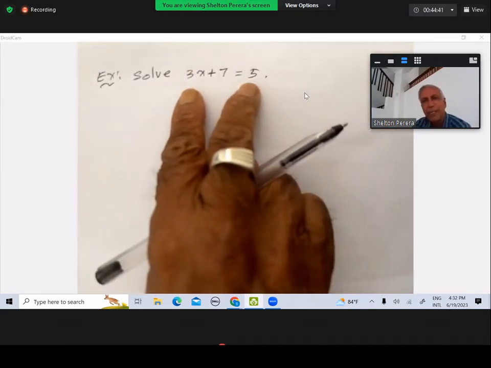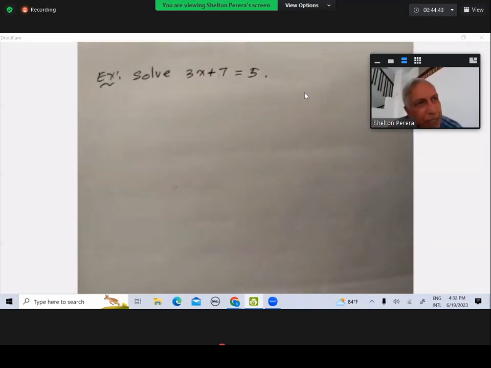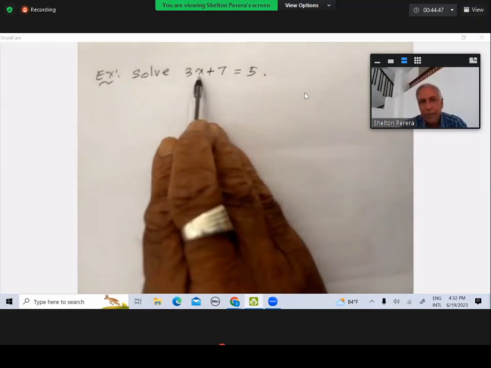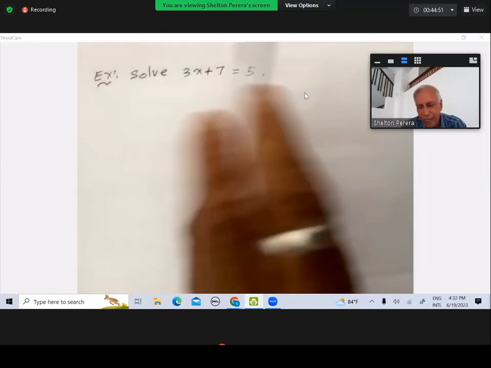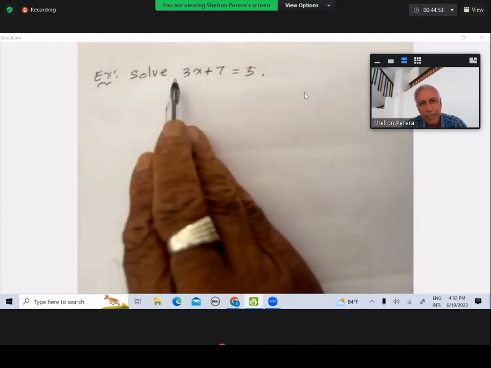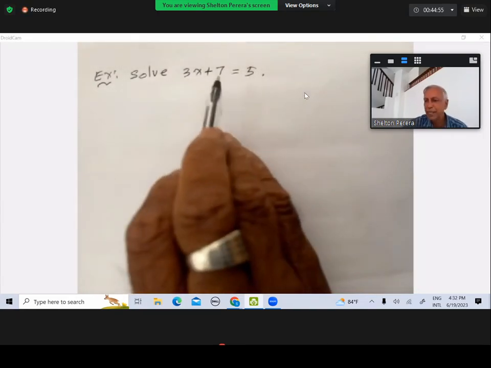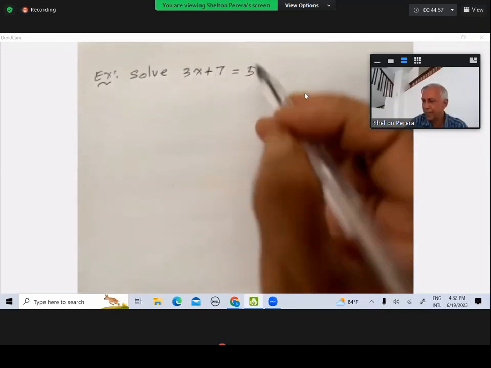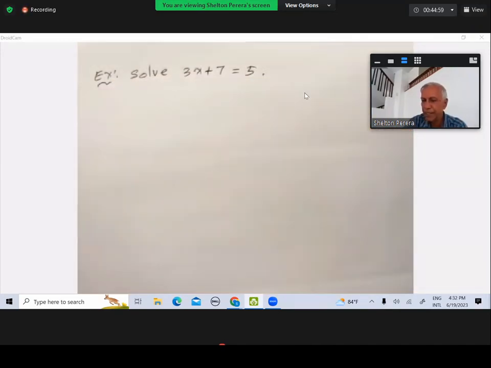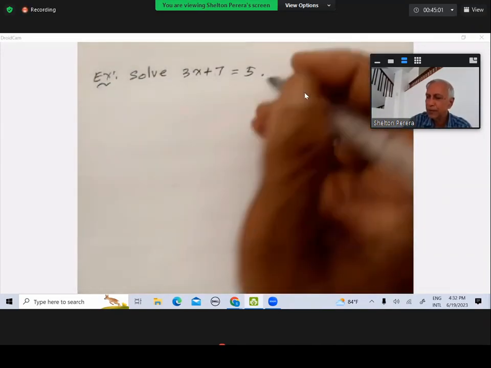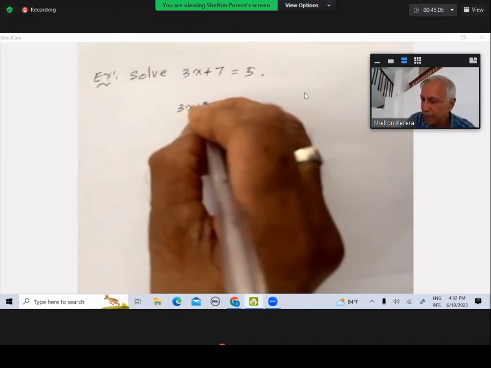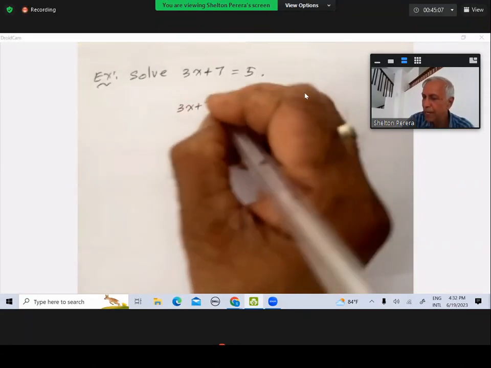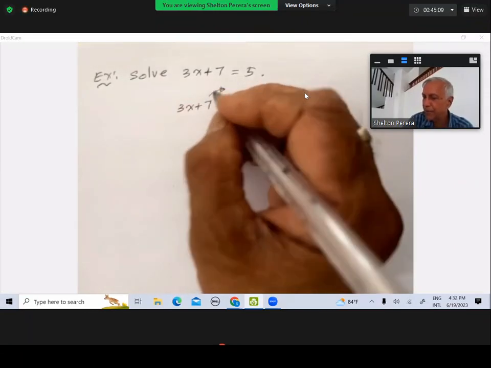So we call this also a linear equation. Only x variable term is x, and no x squared, no square root x's, nothing. Such an equation is a linear equation, because if you take this to this side, it will come to that form.